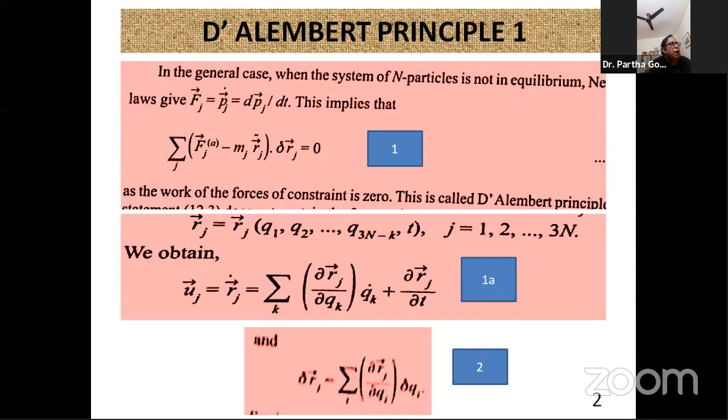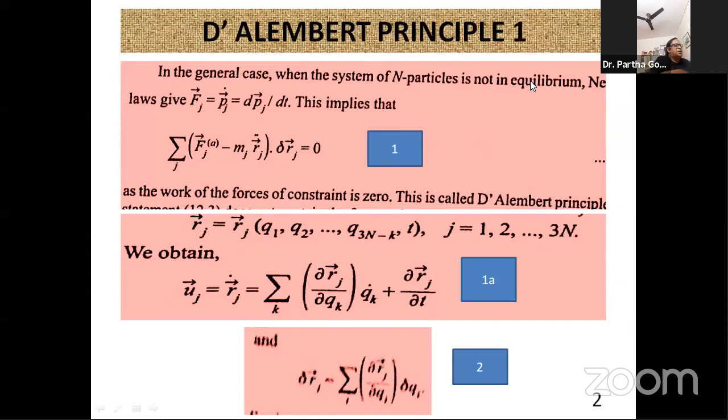So, I go to the fact that in general case, n particles may not be in equilibrium. Newton's law, as I just stated, gives total force Fj on the jth particle equal to dpj/dt.